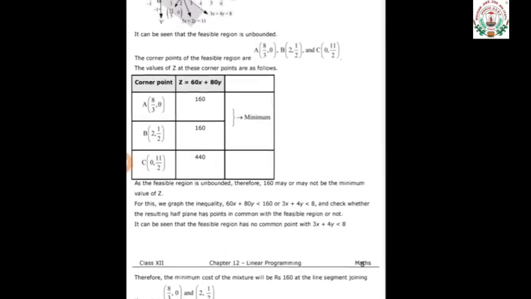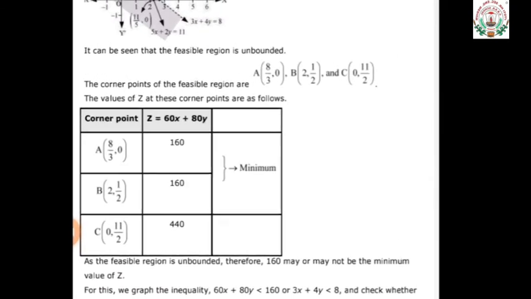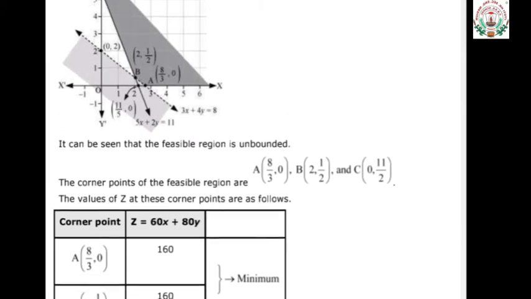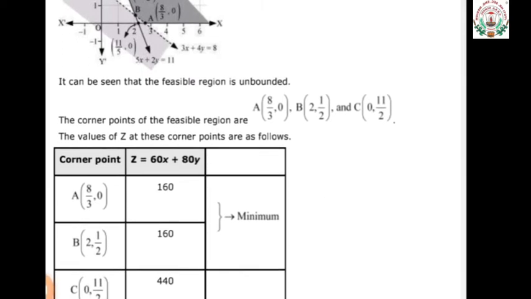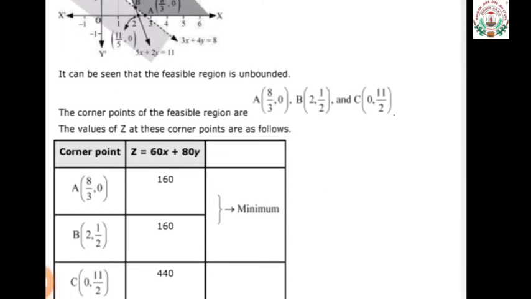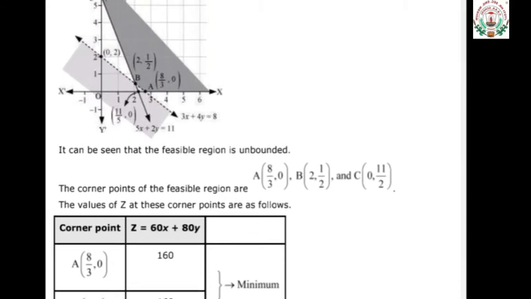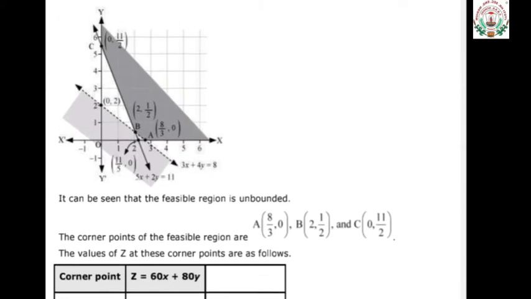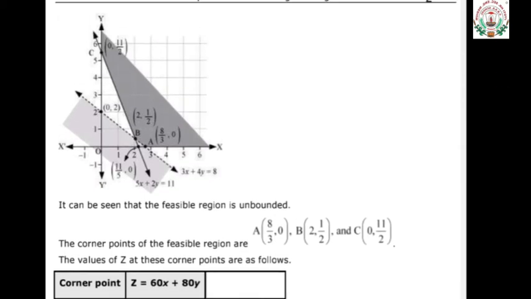Now what we do, we just check our values. At 8 by 3, 0, z equals 60x + 80y; at B it is 160, and at the point 0 and 11 by 2.